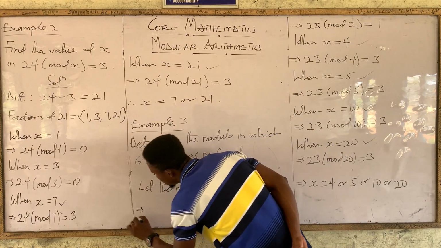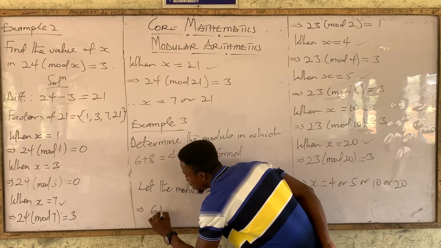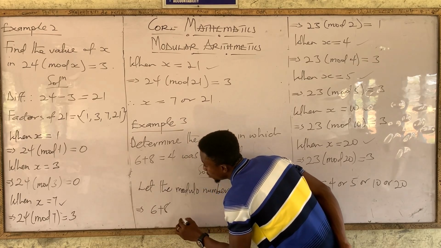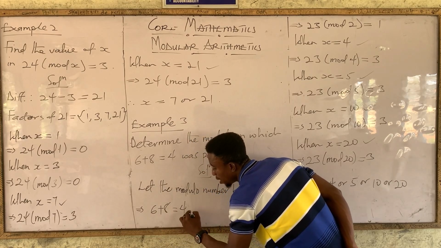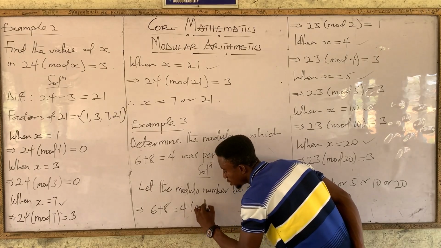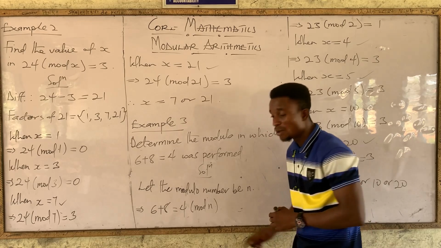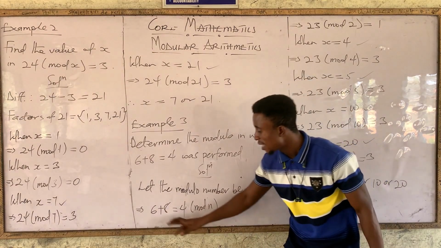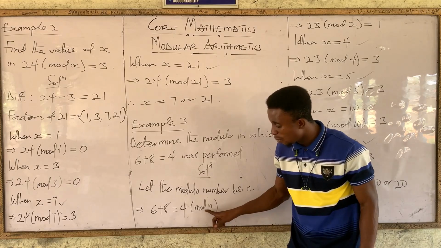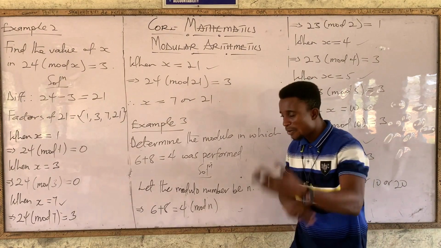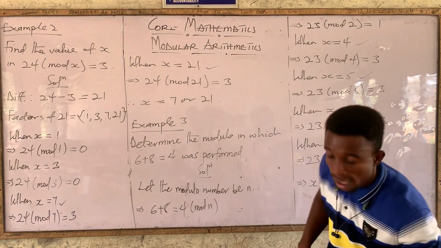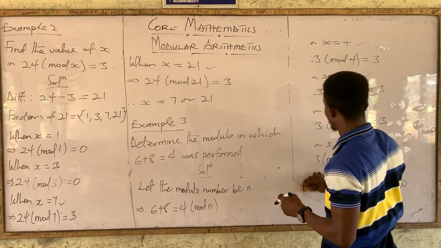With that, we can say 6 plus 8 is equal to 4 in mod n, because we are saying now the modular number is n. So we can say that this plus this is equal to that in mod n. Now we write it in the other way. So let's see.